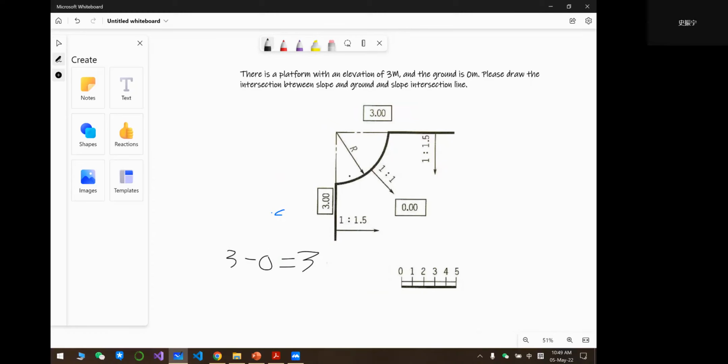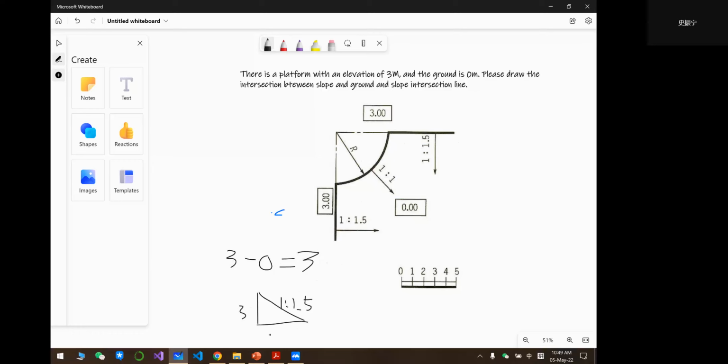As for this plane, because you can see the contour of this plane is a straight line, this part is a plane. So now please draw a shape, where you can see 1 to 1.5, and this one is 3.